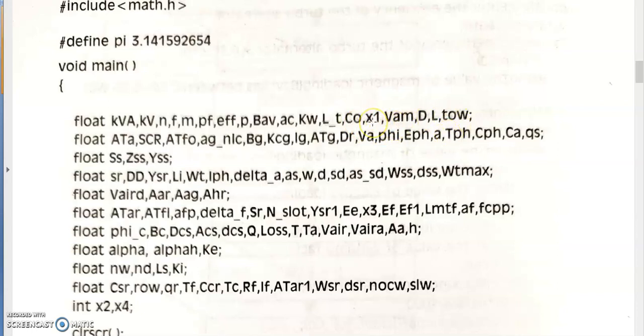This X we are going to use in the flow chart as a variable. So actually, to find out the main dimensions, this first step itself is enough. These floating point variables up to tau are enough.